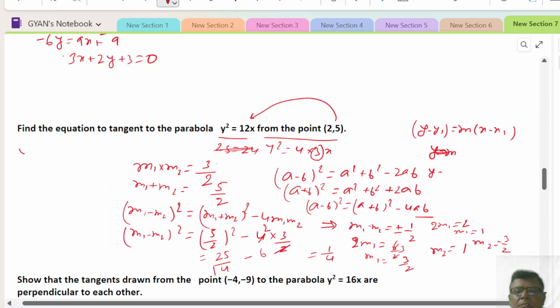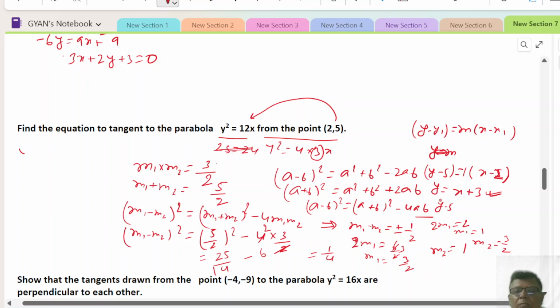So y minus 5 is equal to m, you take 1, and x minus 2. So one equation will be y is equal to x plus 3. So this is the one equation.